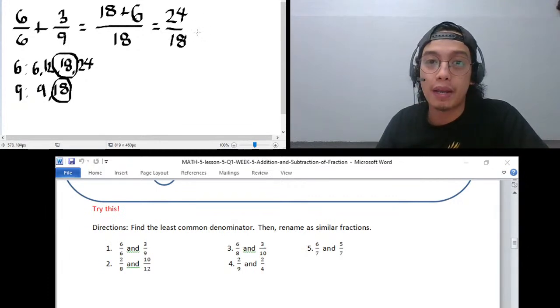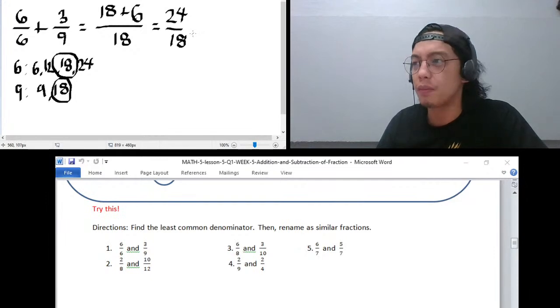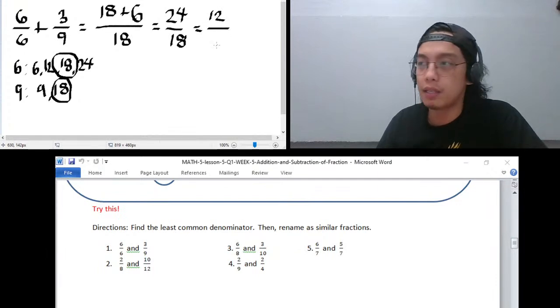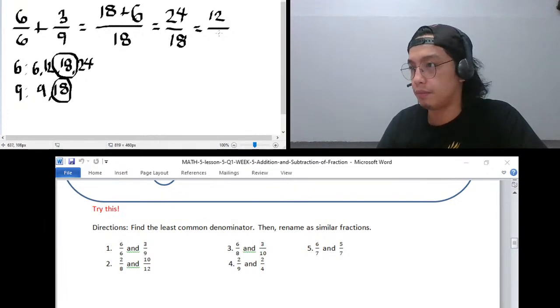It can still be simplified. Let's start with 2. I always start with 2 until I get the simplest form. 24 divided by 2 is 12. 18 divided by 2 is 9. Still not in its simplest form.